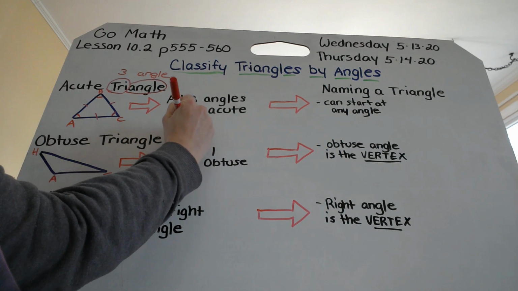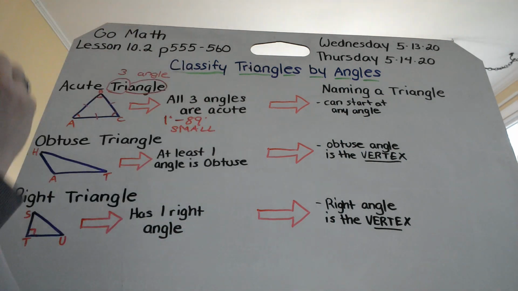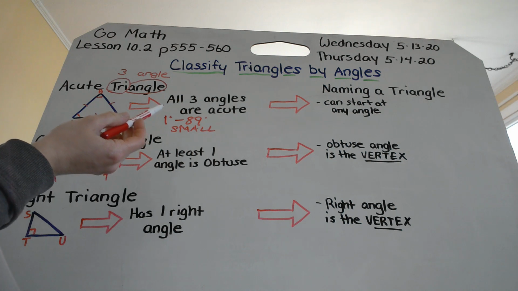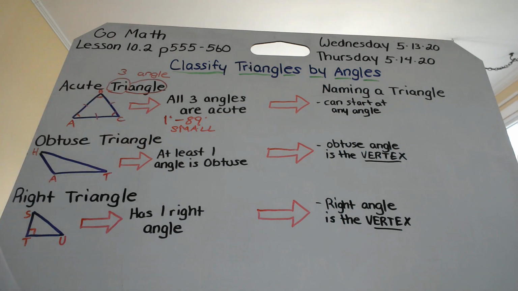They're small, okay? Remember from Monday, we said acute baby. Babies are cute, they're small, they're tiny, and that's a good way for you to remember it. So an acute triangle has three acute angles, and they are 1 degree to 89 degrees, and that's how you know it's an acute triangle.